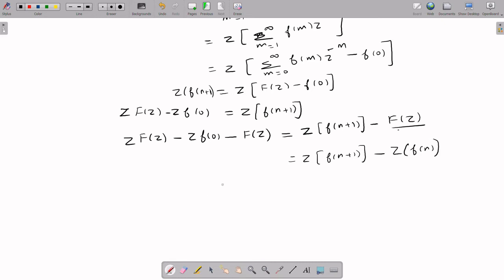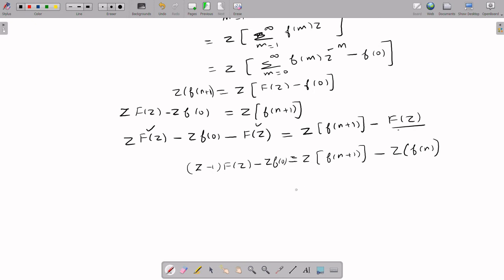Now on this side, f of Z is common for both the terms, so we take f of Z outside. The remaining is Z and minus 1, so Z minus 1 into f of Z minus Z into f at 0 is equal to this term.